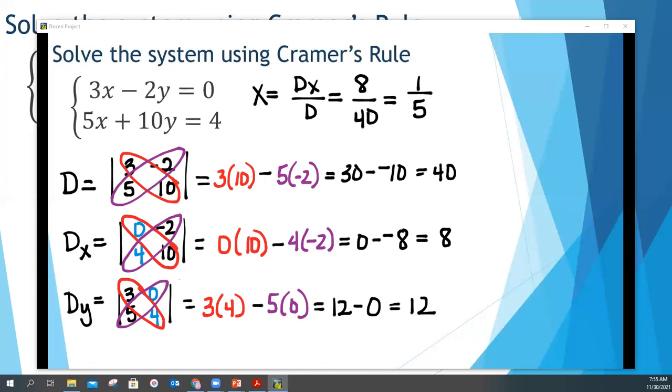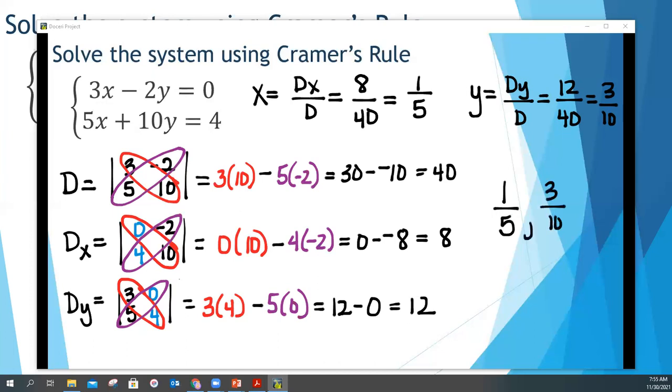For y, it is going to equal dy divided by d, and that's 12 over 40, which can be divided by, see, what can we divide that by? 4. Yeah, we can divide them both by 4. So that would be 3 over 10. So my solution using Cramer's rule is 1/5 and 3 over 10.